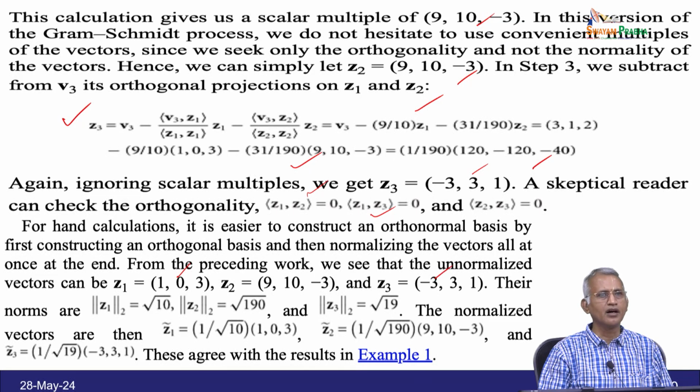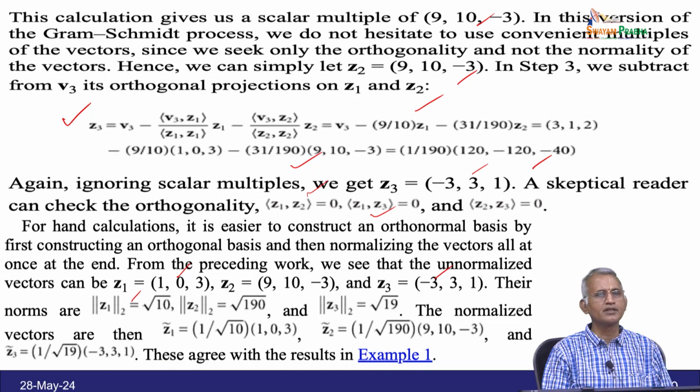Their norms are: norm of Z1 equals root of 1 squared plus 0 squared plus 3 squared, equal to root 10; norm of Z2 equals root of 9 squared plus 10 squared plus minus 3 squared, which is root 190; and norm of Z3 equals root of 3 squared plus 3 squared plus 1 squared, which is root 19.